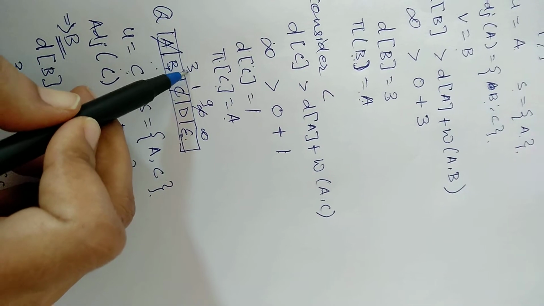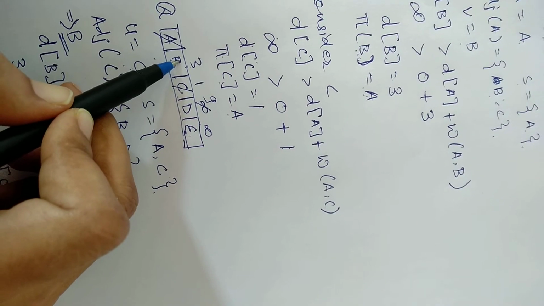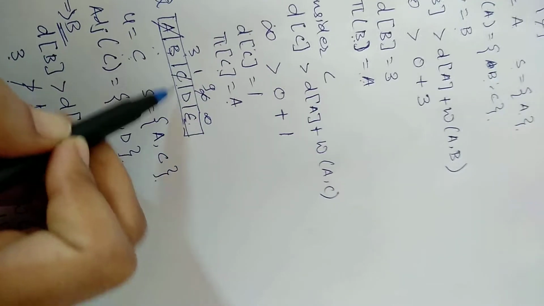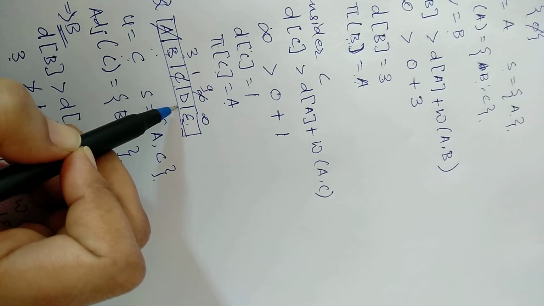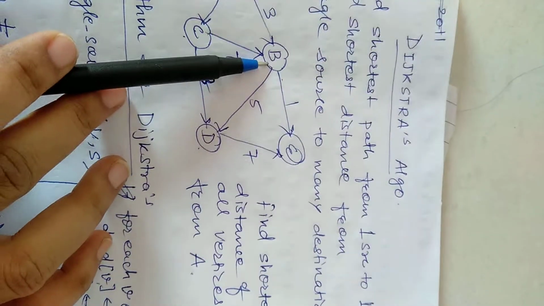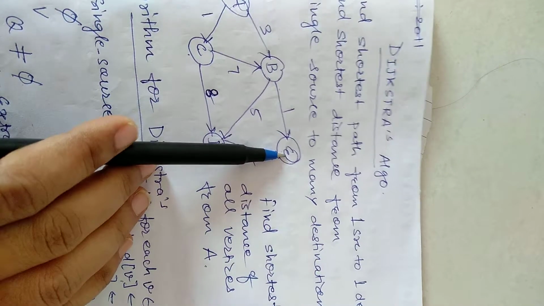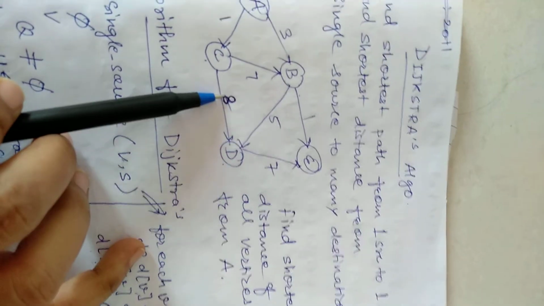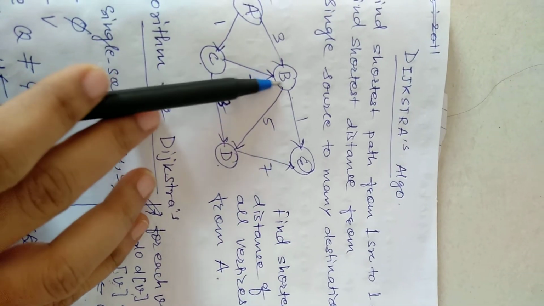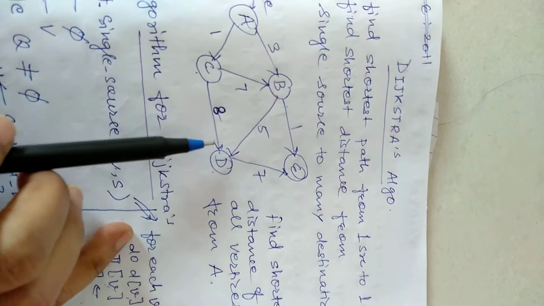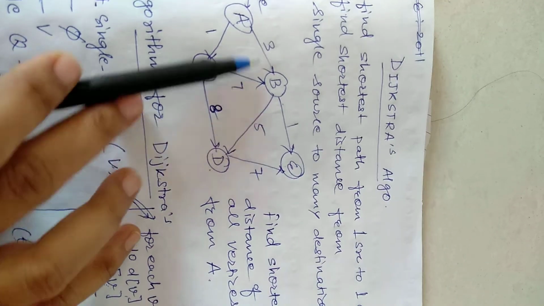Now we'll find out which are the adjacent vertices of B and we'll apply that relax function on each of these adjacent vertices. After extracting B, we'll get the minimum distance of E as 3 plus 1, that is 4, and D's initial distance was 9. But as we have included a new vertex, that is B, the new distance of D will be 5 plus 3.